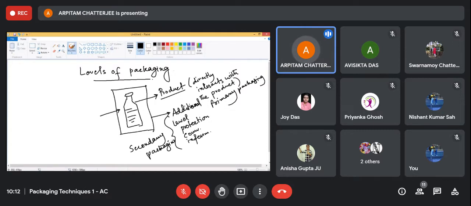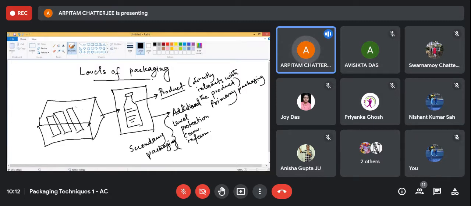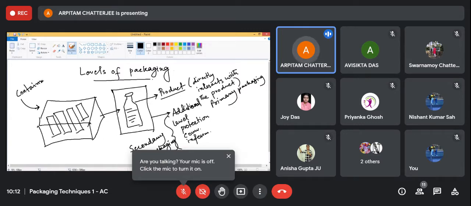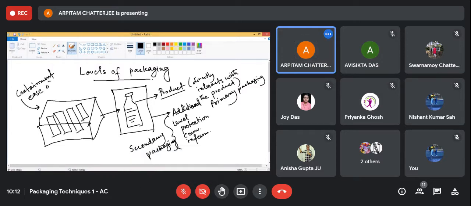And this can again have another level of packaging. Think of a medicine shop. When this product comes to that shop, it comes within a carton, and in this carton you can have a number of such boxes. This gives another degree of protection as well as containment, and a major ease in transportation.